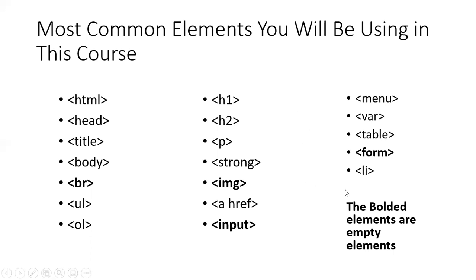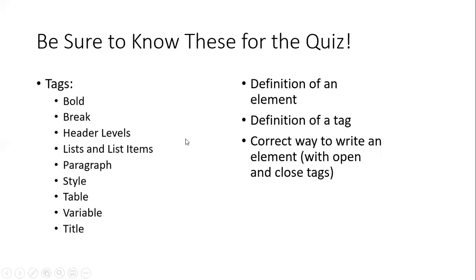And so be sure to review all those and what these represent: header level 1, header level 2, paragraph, and title section, line break, unordered list. Have all these in mind when you go to take the quiz, and that'll make it really quick and easy for you.